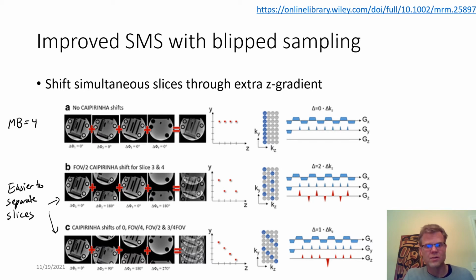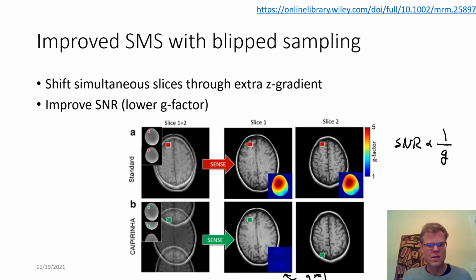And this is actually going to make it easier, as you can see visually. It's just visually easier to separate and realize that you have different slices here, and that visual intuition extends into the parallel imaging reconstruction improvement, which we see in the G factor maps here.